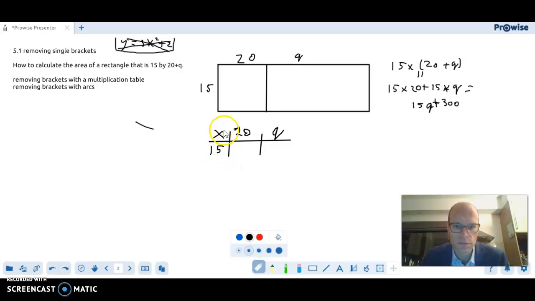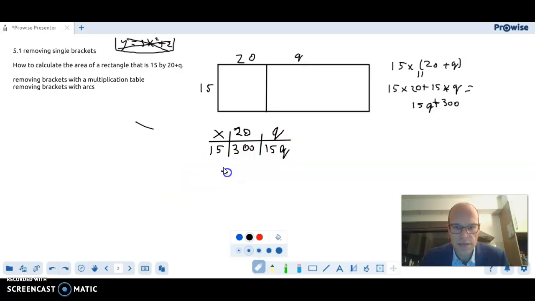And then we're going to multiply. It's a multiplication table. That's why this is not an x, it is a multiply sign. Over here we multiply 20 with 15, and that is 300. And over here we multiply 15 by q, so you have 15q, and then the total is added up.